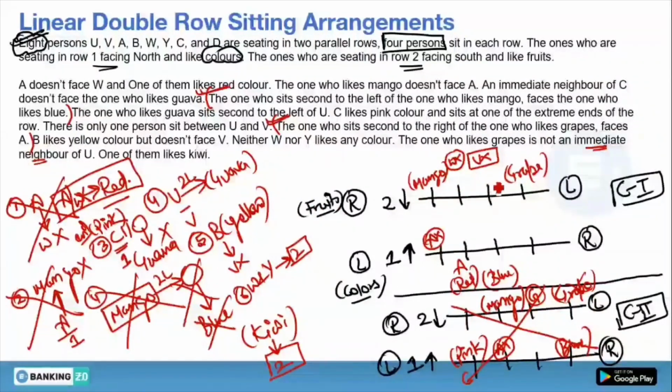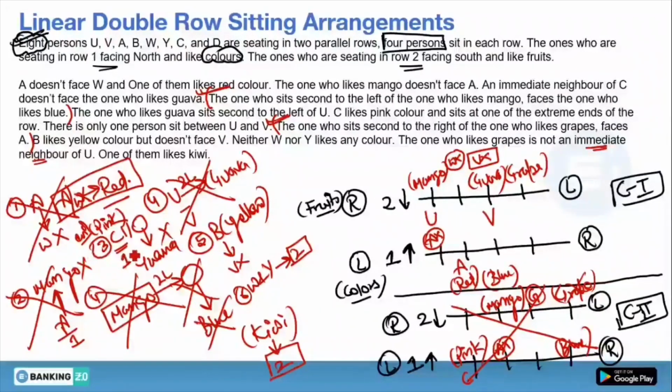U is blocked here. U cannot come here. If I put U here, U's second left is guava. So 1 and 2, guava cannot come because grape is already sitting over here. So U's confirmed place is this one only. And from U, second left, 1 and 2, guava will come here only. And between U and V, there is only one person. So we will put it on guava. This hint we have completely used.